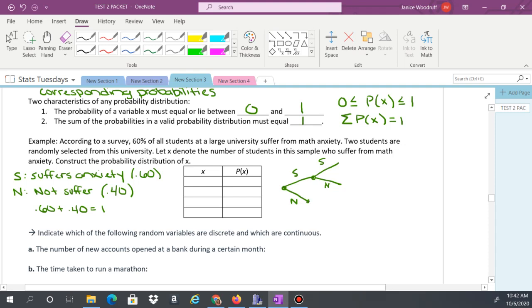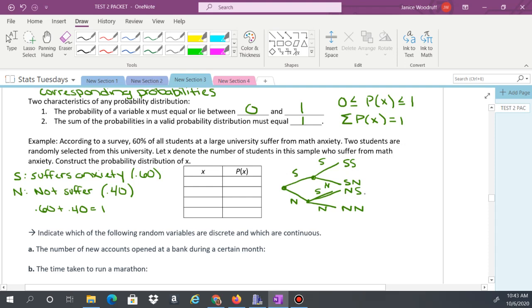There we go. Okay, then we can record the results. We would have suffer, suffer, suffer, then not suffer, then not suffer, suffer, not suffer, not suffer. So we have the possible sample space here.